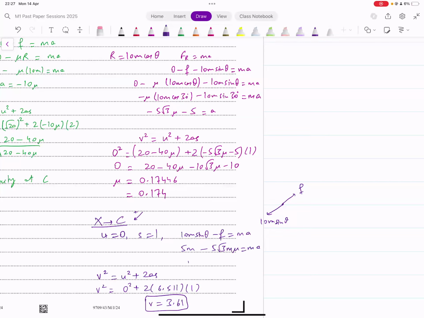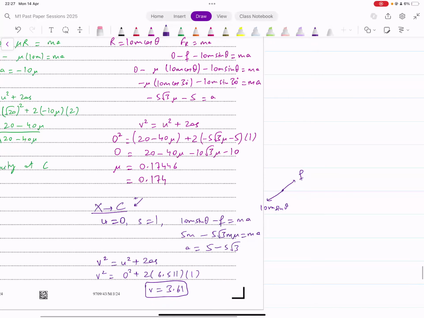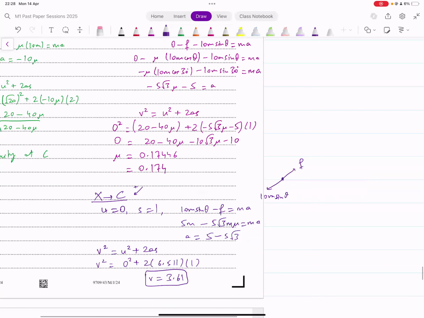The value of a actually turns out to be 5 minus 5 under root 3 times mu. Right? Because now it's moving down the plane.